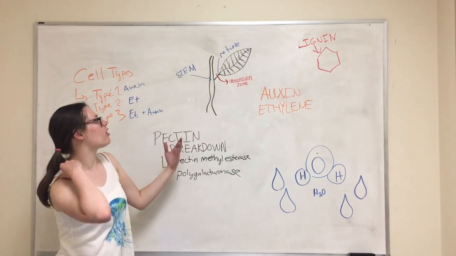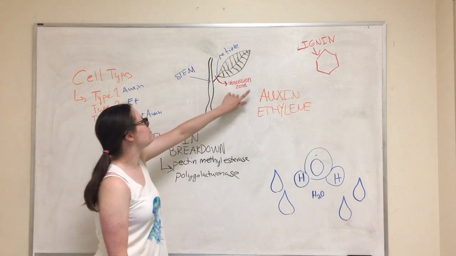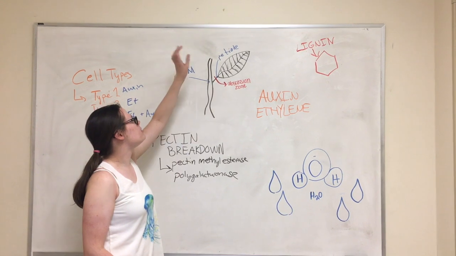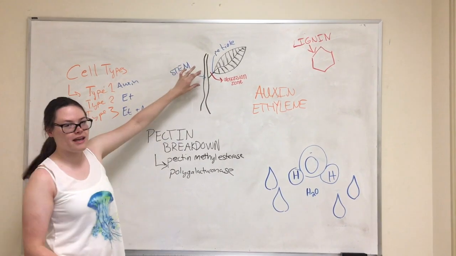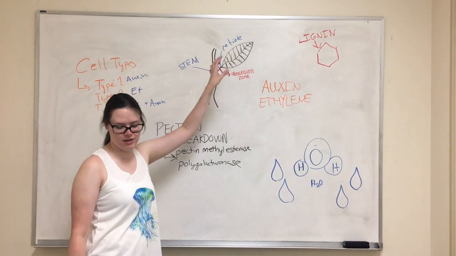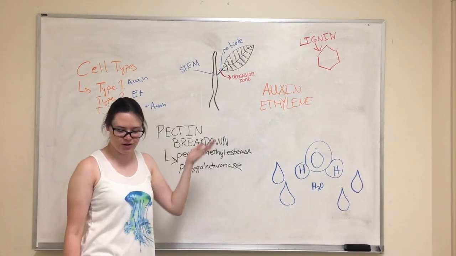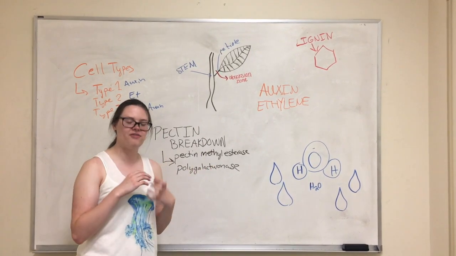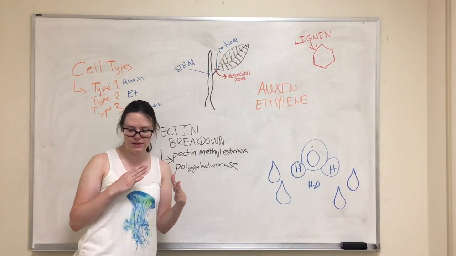And a central part of the abscission process is the abscission zone, which is typically located between the petiole and the stem. So cells that comprise the separation or abscission zone are small, square-shaped cells that no longer have the ability to enlarge or become vacuolated during the normal growth process.